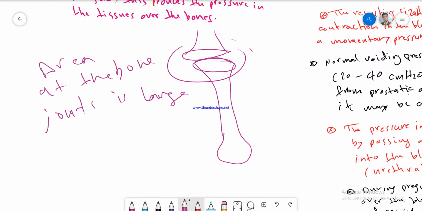So for a given force, as we know, pressure is force over area, and when the area is increased, as we see here, the pressure is reduced in the bone joints.